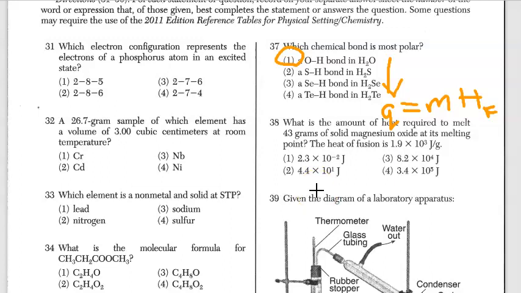If you don't know how to use it, then what you're going to do is take just a regular calculator, take 43 and multiply it by this number in front, 1.9. That gives you 82, but 82 times 10 to the third would be equal to 8.2 times 10 to the fourth. We're just sliding the decimal over one decimal place.